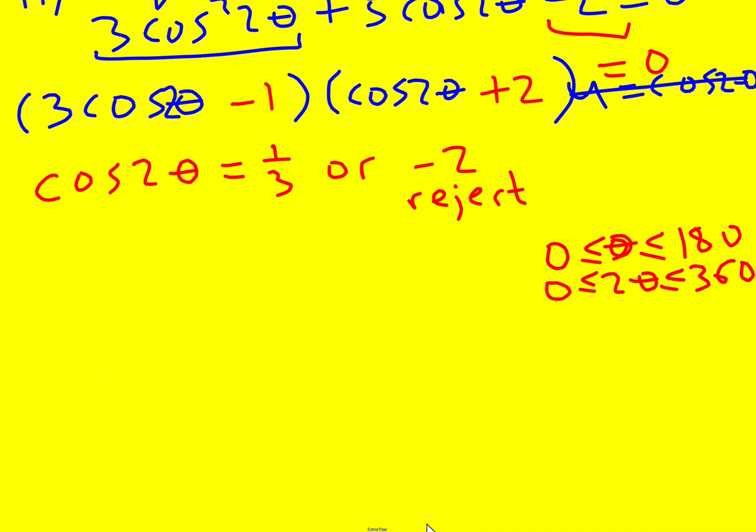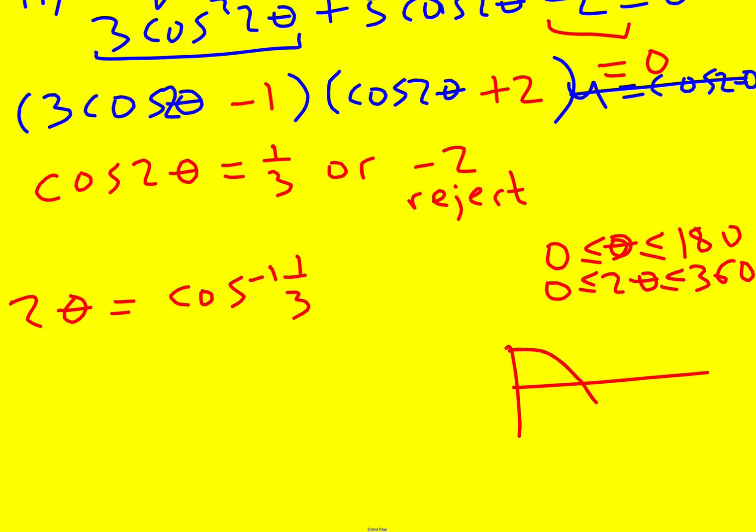Okay, if I want to find 2 theta, then it's going to be inverse cos of a third, and that's going to give me a solution here, and then I am going to get another solution here.